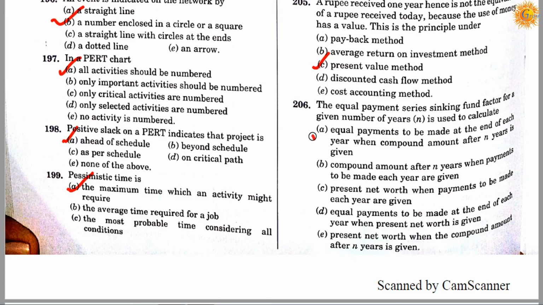So correct answer is A. It means the equal payment series sinking fund factor for a given number of years is used to calculate equal payment to be made at the end of each year when the compound amount after n years is given.